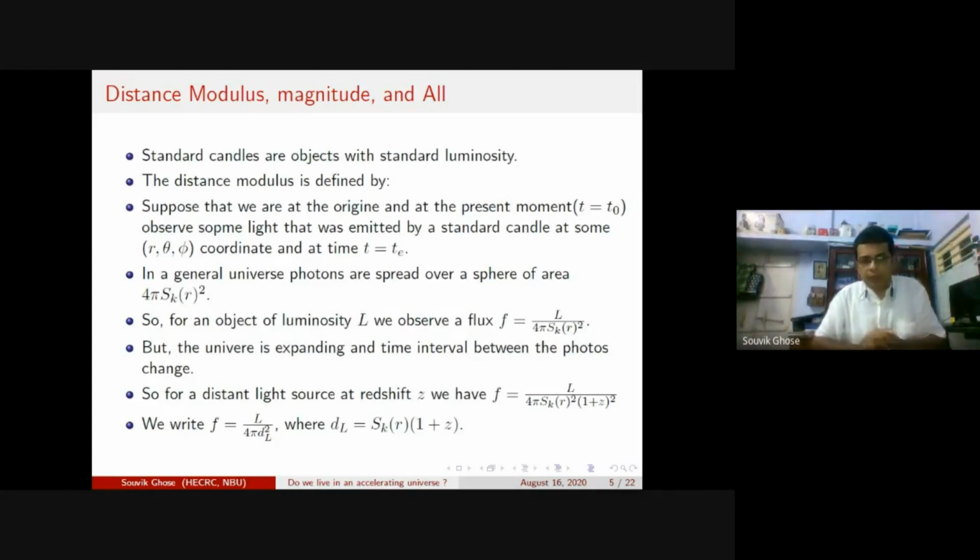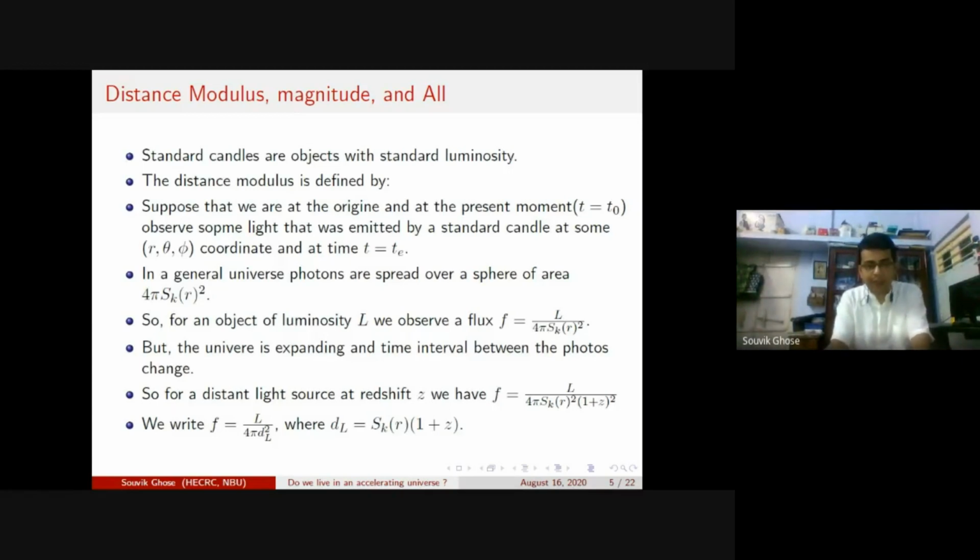Okay. Distance modulus, pardon me for this extra line that I have already defined. Suppose that we are at the origin and at the present moment, that is t equal to t0, and we observe a light that was emitted by a standard candle at some r, theta, phi coordinate. These are co-moving coordinates, of course, and these are moving with the universal expansion, at time t equal to t.